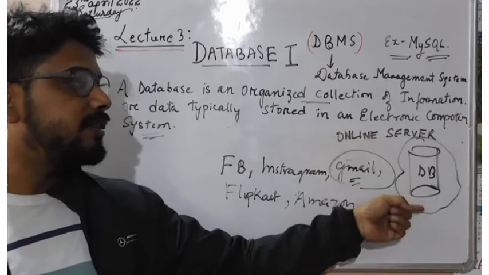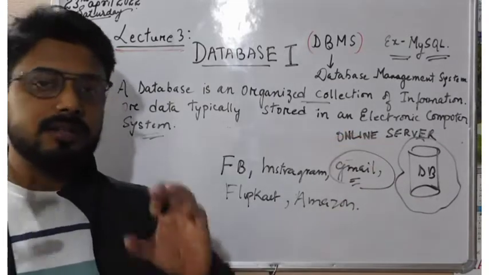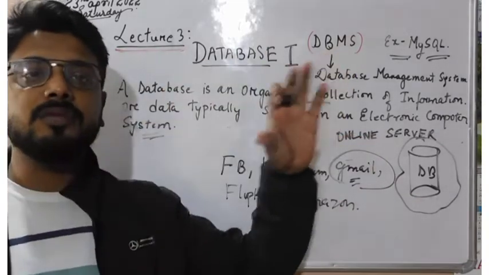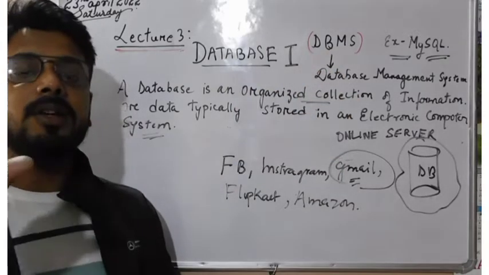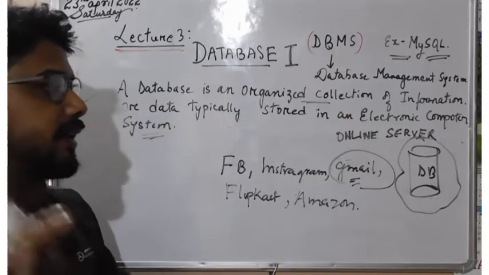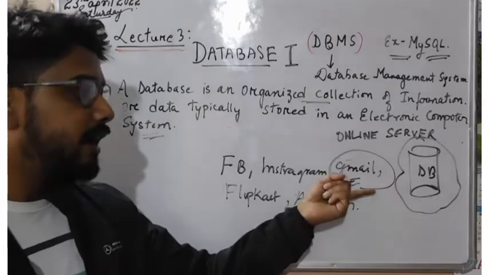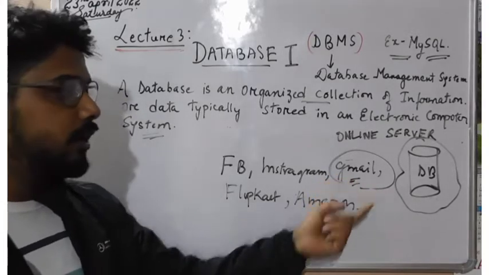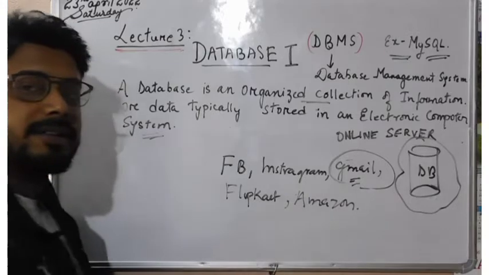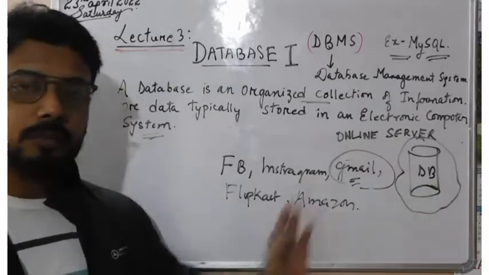There is not one server, there are many servers which contain your personal data. So whenever you try to access the data, it is available and ready for you. That is the reason that whenever you want to open Gmail, it opens up.